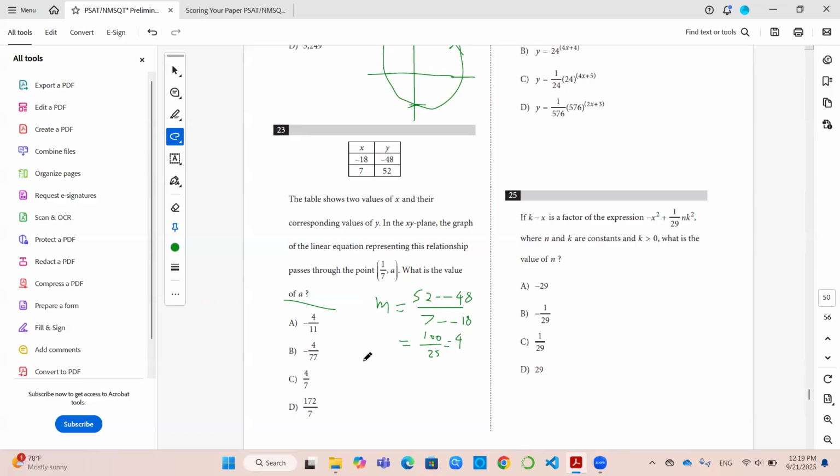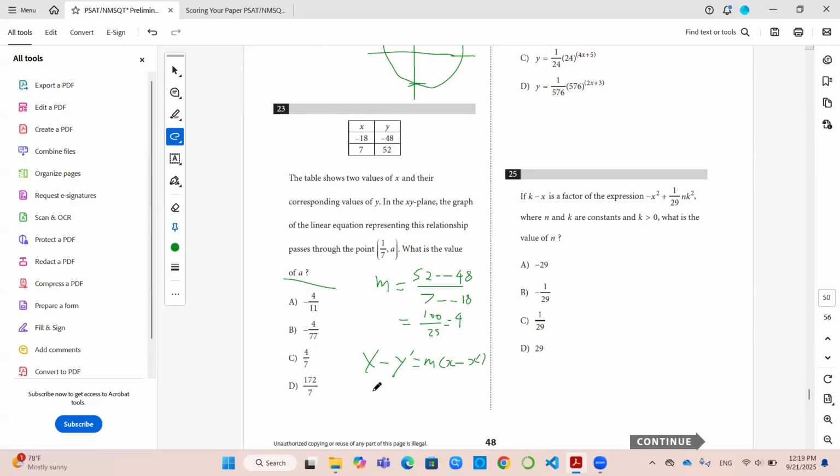Okay, 4. Okay. And then I'm going to go ahead and use this equation. So I have my two given points here. 52.